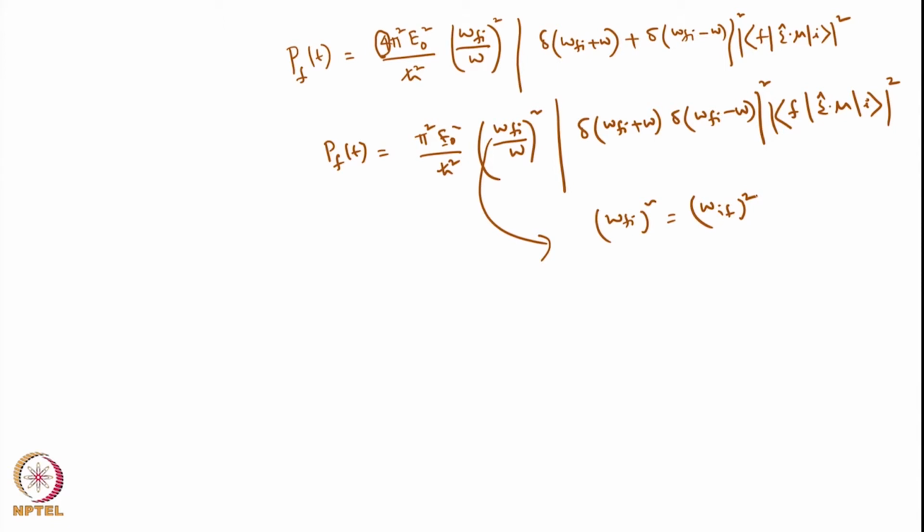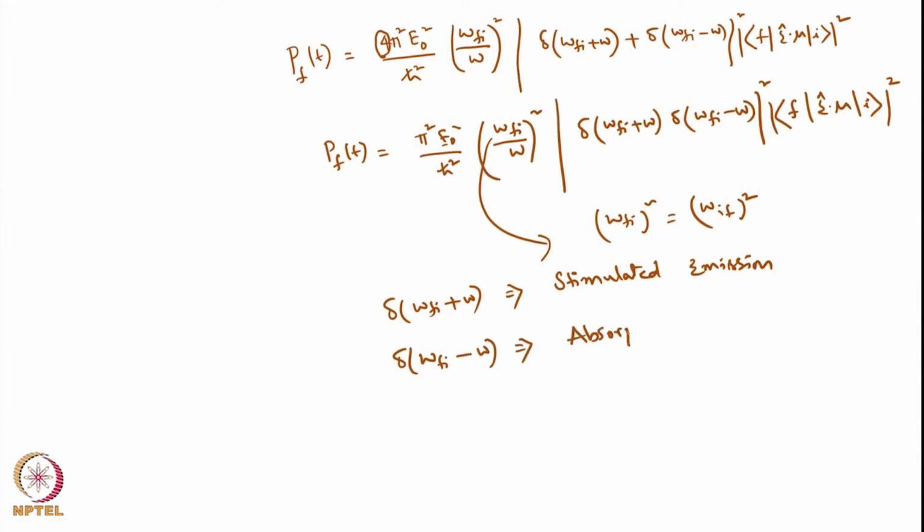Now, the other thing that we said is that delta omega Fi plus omega corresponds to stimulated emission, and delta omega Fi minus omega corresponds to absorption. We said these cannot happen simultaneously; either stimulated emission will happen or absorption will happen. Only one of the processes can happen at a given point of time.